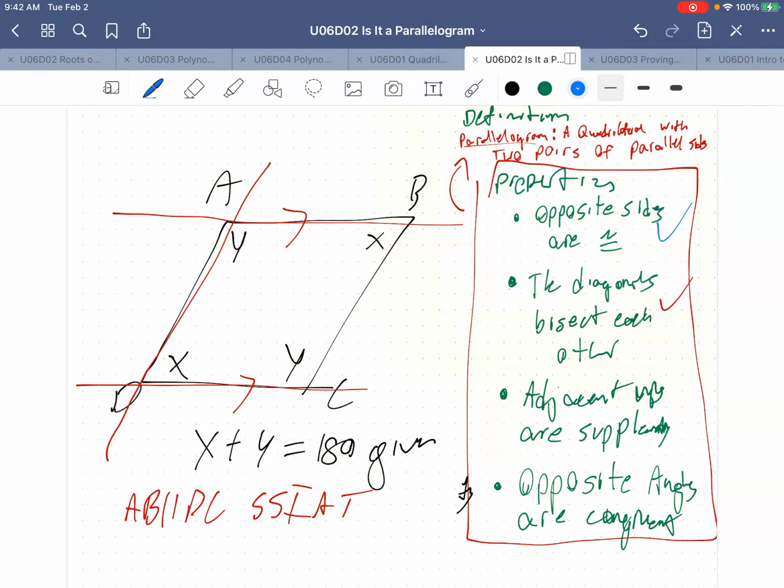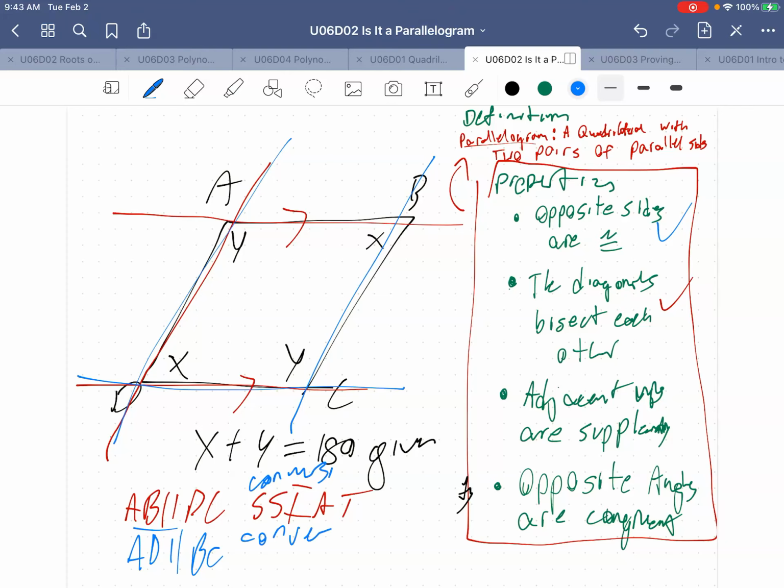We can also say that we can use our two parallel lines of AD will be parallel to BC. Oh, well, we're told that the angles are supplementary, so this is actually the converse.